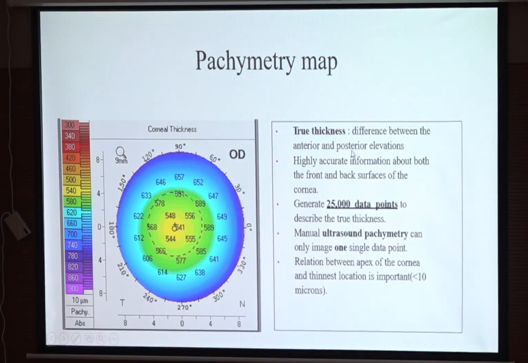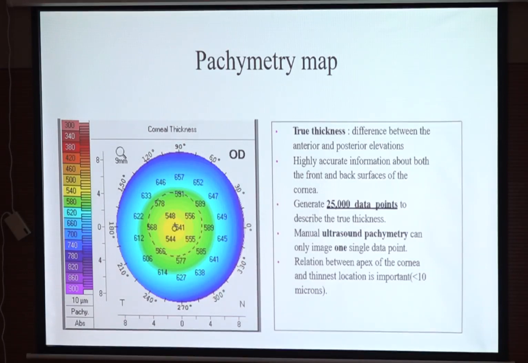So the Pentacam depicts the true thickness because it actually calculates the difference between the anterior and the posterior elevation, and the elevation which is calculated is actually the true value as compared to your previous techniques of Orbscan and your video keratoscope. So it provides highly accurate information about both the anterior as well as the posterior surface of the cornea.